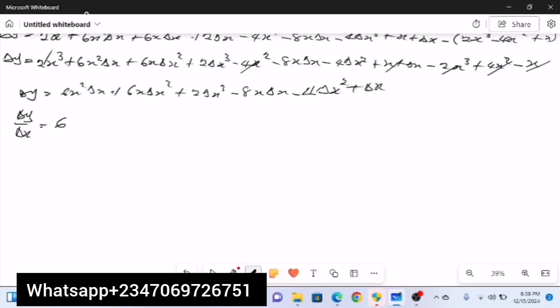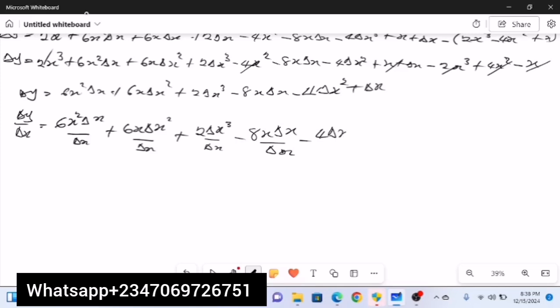So I have 6x squared change in x divided by change in x, plus 6x change in x squared divided by change in x, plus 2 change in x to the power of 3 divided by change in x, minus 8x change in x divided by change in x, minus 4 change in x squared divided by change in x, plus change in x divided by change in x.